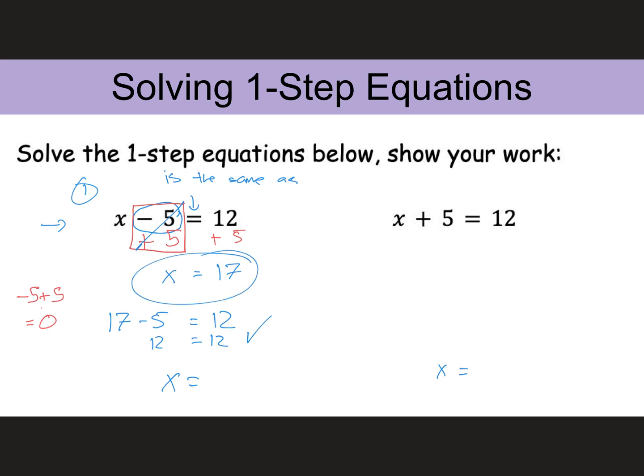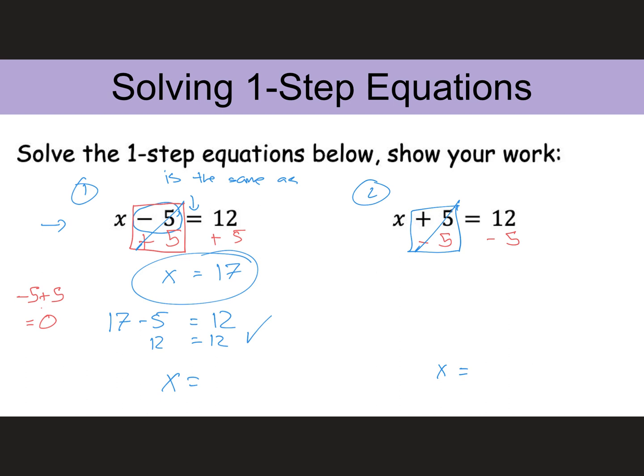X equals 17. Now for equation number 2, I have x plus 5 equals 12. So what is my inverse operation of adding 5? It's subtracting 5. So what I need to do is subtract 5 from both sides. Now, when I have 5 minus 5, that cancels out to being 0.